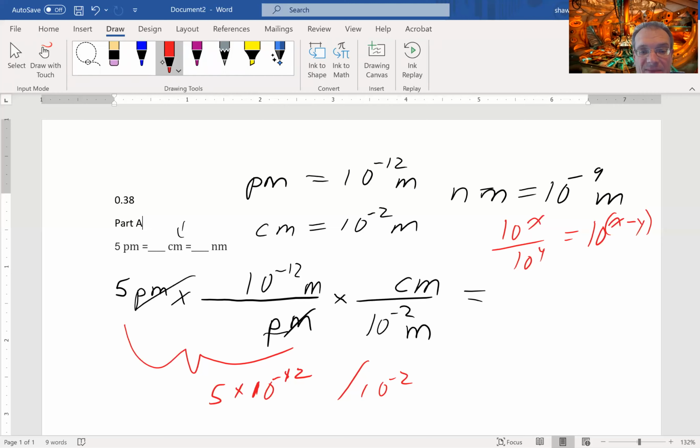So down here, I would have 10 to the negative 12 divided by 10 to the negative 2nd. So I'd have negative 12 minus a negative 2. Minus a negative 2 is the same thing as adding a 2. So we wind up with 5 times 10 to the negative 10 power centimeters.